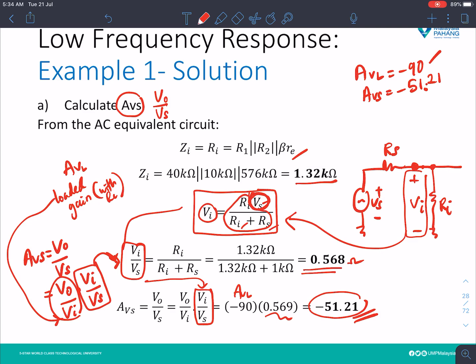The gain is still high. However, for the total gain, the gain is a little bit smaller. So negative 51.21 means that now AVL is greater than AVS, and AVNL must be greater than the AVL.